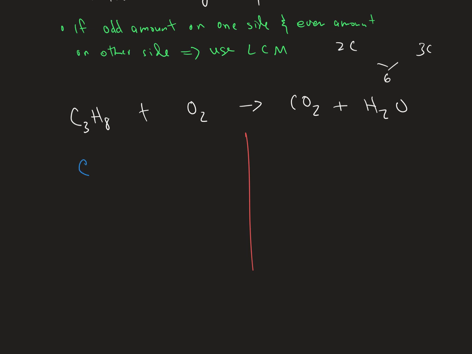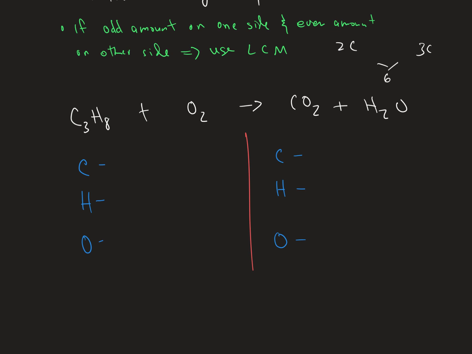On the left side, I have carbons, hydrogens, and oxygens. On the right, I better have the same 3 elements, otherwise something's wrong. When I do this for real, I just look at carbon and count and make sure it has the same on both sides. Look at hydrogen, make sure it has the same on both sides, and so on. But if you like showing your work because it helps you, then do it.